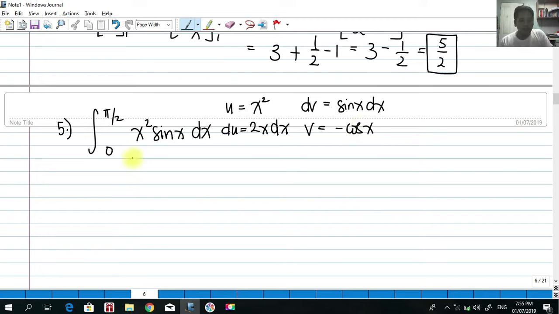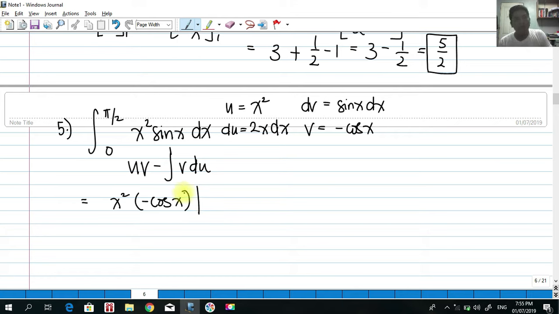So what are we going to do? The formula is uv minus the integral of v du. That's still the same. So we have uv: x squared times negative cosine of x.